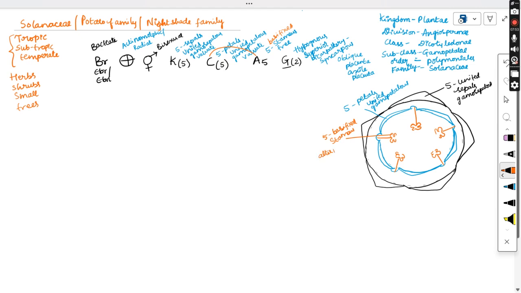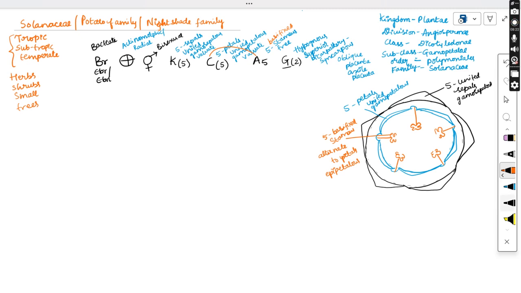They are present alternate to the petals. So wherever the petals are, alternately they are arranged, and they are epipetalous in nature. They are connected to the petals. So epipetalous, 5 basifixed stamens were seen.